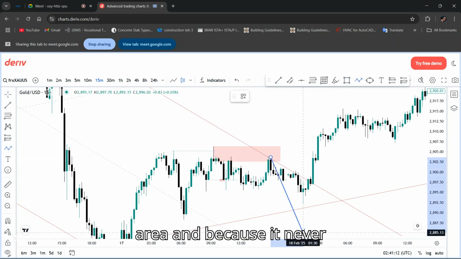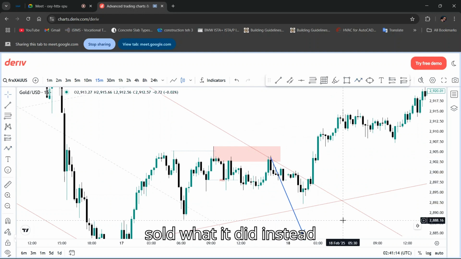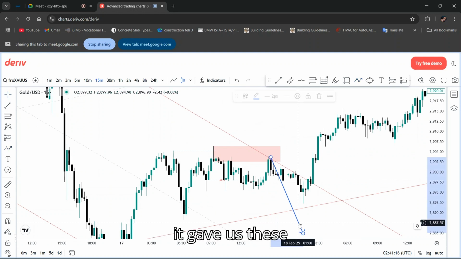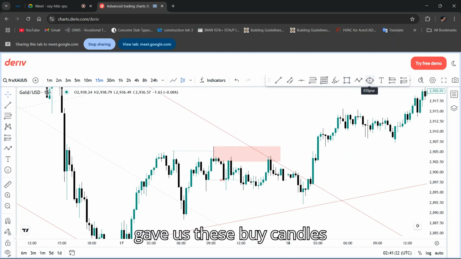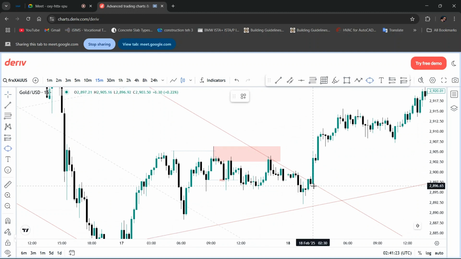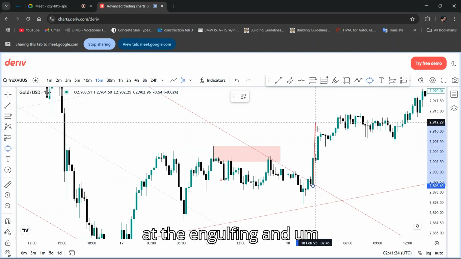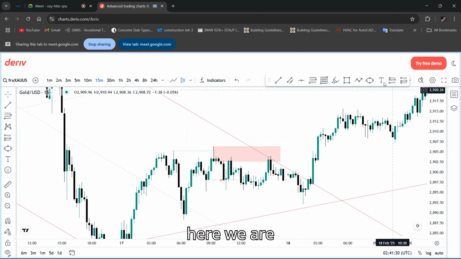And because it never sold, what it did instead, it gave us these buy candles as the engulfing. And here we are.